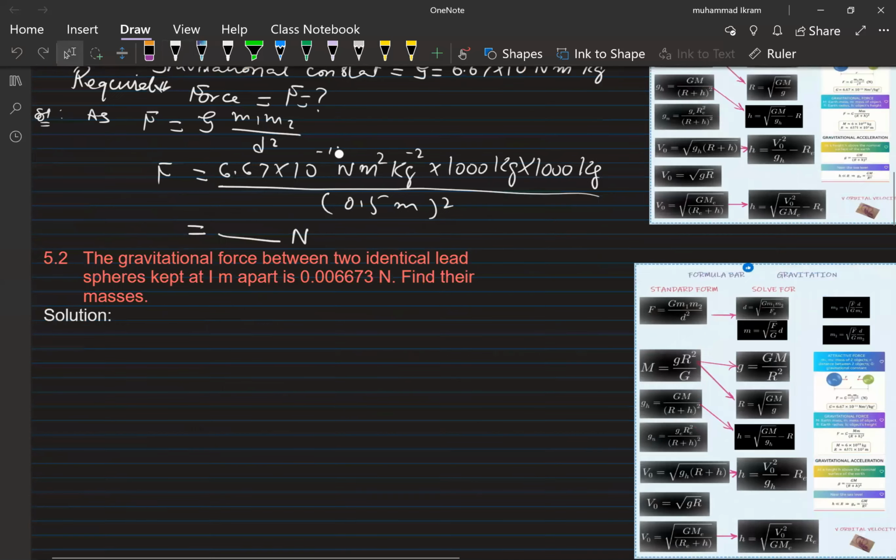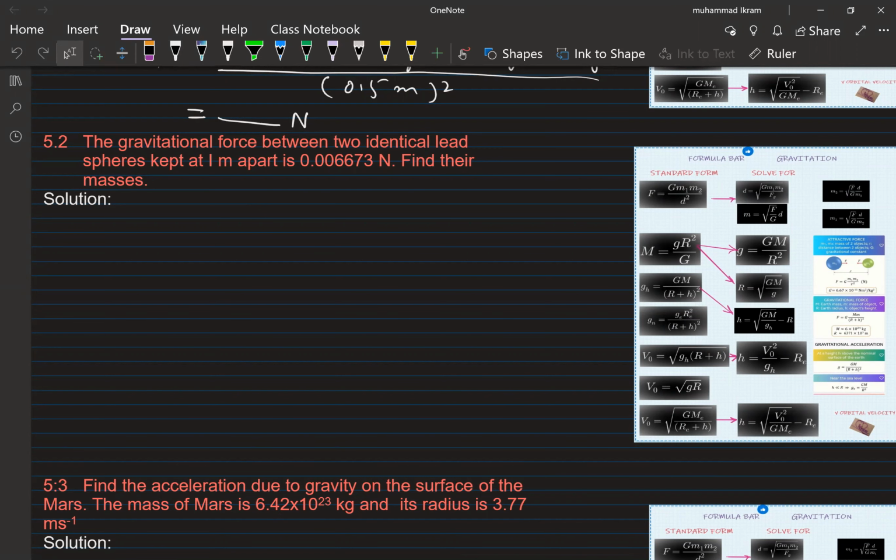Now, if you look at the next numerical, the gravitational force between two identical lead spheres kept at 1 meter apart is 0.006667 Newton. So in this numerical, the gravitational force is given. So our given here is the force F, which equals 0.06673 Newton.